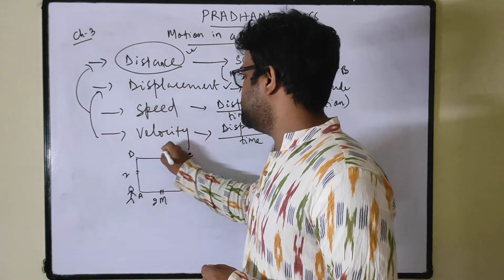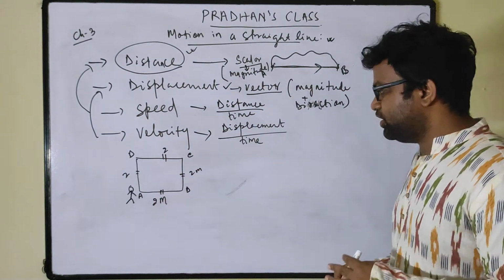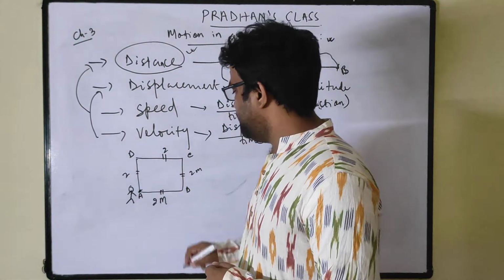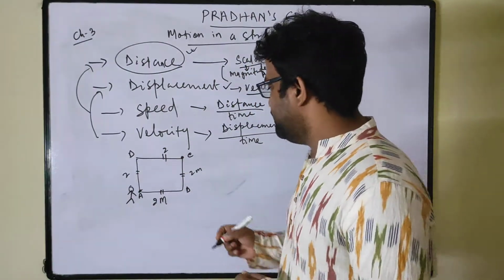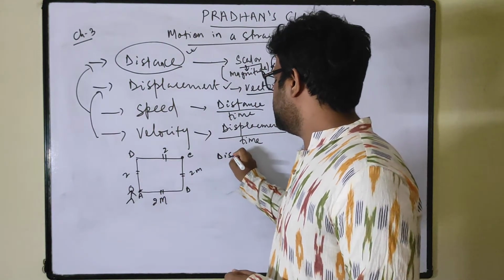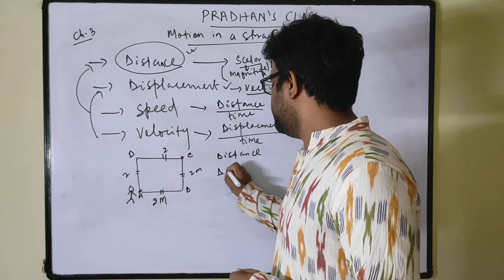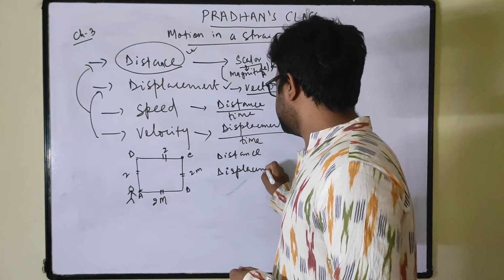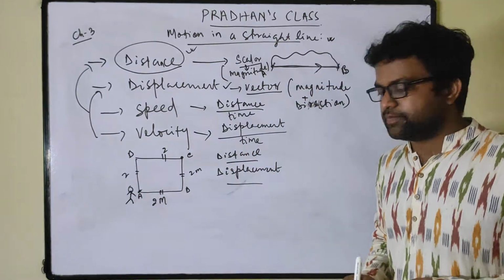That means this is 2, this is 2, this is also 2 meter. All the sides are of 2 meter, it's a square. Now the person starts from position A and reaches position C, right? And if I ask you what will be the distance and displacement of his journey, what is the distance and displacement of his journey?